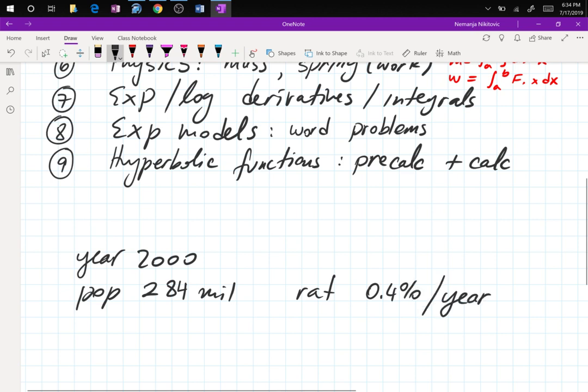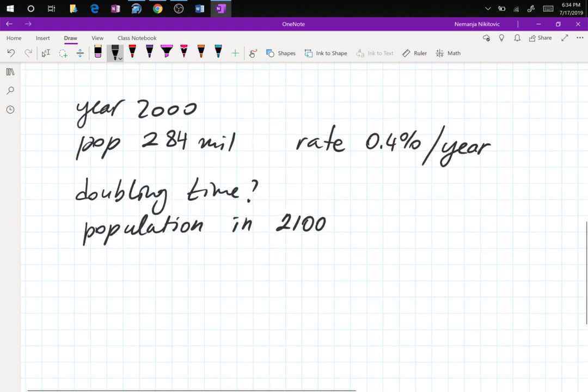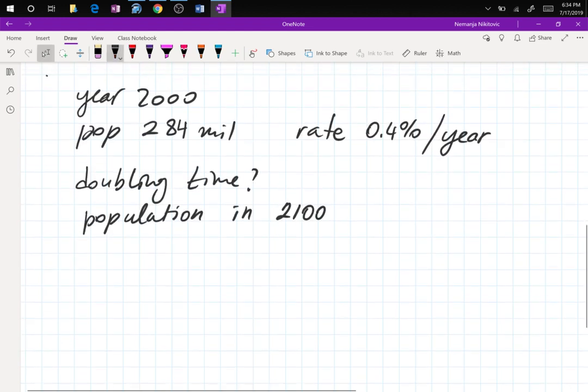So A says, based on these figures, find the doubling time and project the population in 2100. You're not going to last that long, but that's okay. Wishful thinking is always good, right? All right.